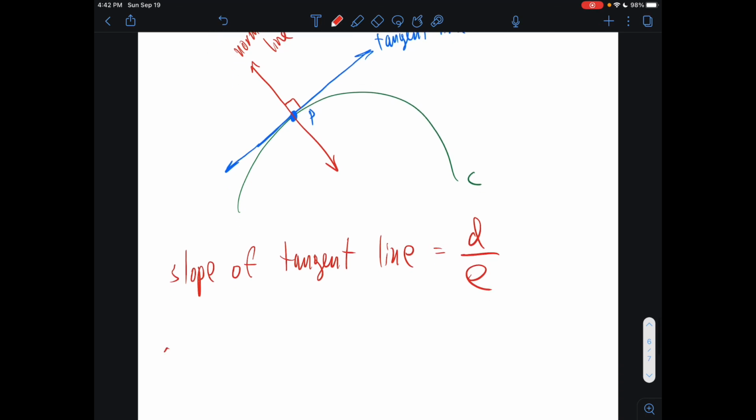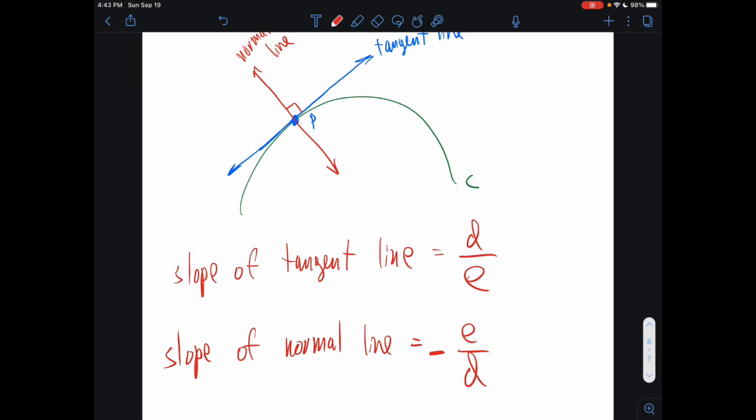The slope of the normal line, the way that you find that is just by taking the tangent line slope, reciprocating it, and then negating it. So perpendicular means that the slopes are reciprocals of each other, but also opposite signs. So opposite reciprocal is the idea with perpendicular slopes.